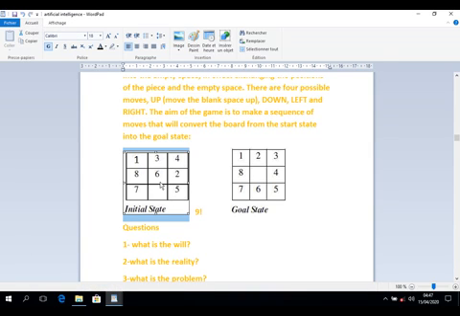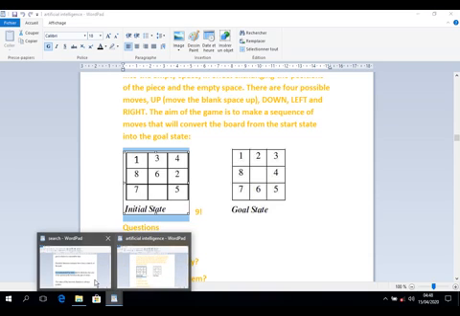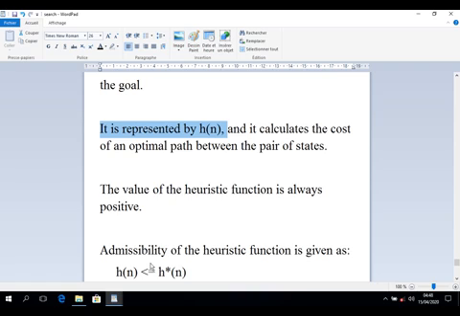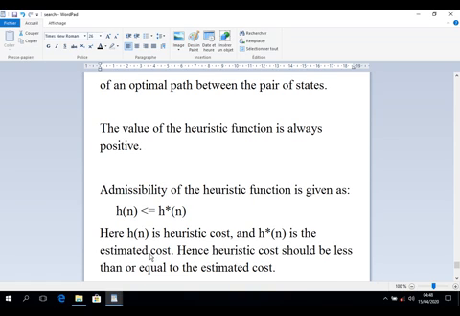It is represented by this h(n), and it calculates the cost of an optimal path between the pair of states. Means that from this state to this one, the heuristic function will tell us what should be the optimal path. Is it okay? Fine.